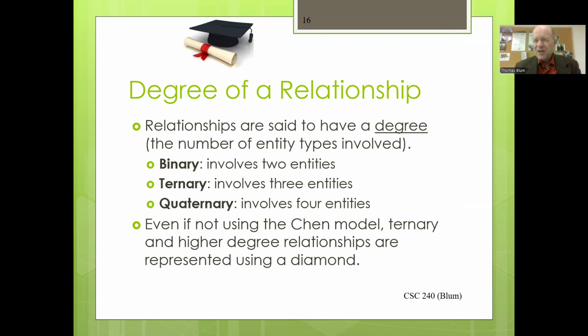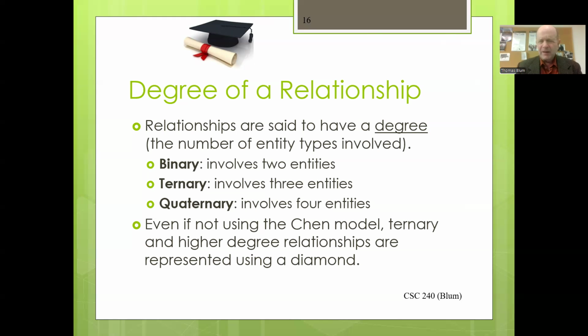A different question of number is that relationships are between different entity types, and then a question arises of how many different entities are involved in the relationship. So if there are two entities in the relationship, it's referred to as binary. Three, we could call ternary, and four, we could call quaternary.